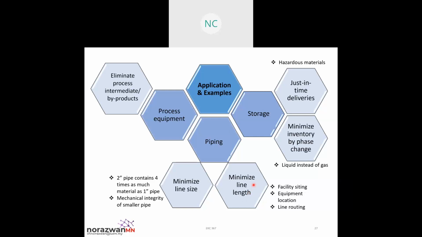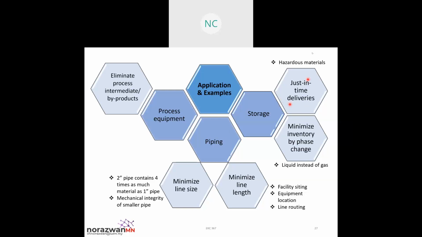So the mechanical integrity needs to be accounted for. You need to consider the integrity, the mechanical and safety specification, and so on. You don't want to jeopardize the safety just because you want to introduce inherent minimization in your process.